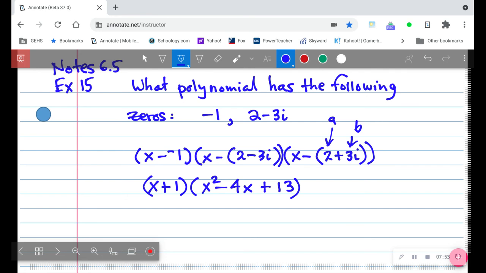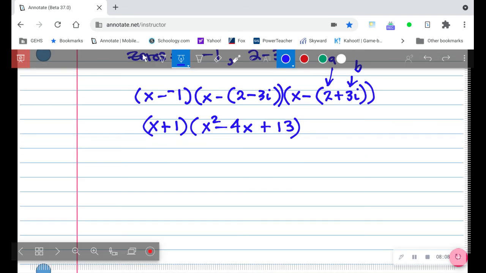So negative 2 times the a, that's this part. And this part here is a squared plus b squared. So 4 plus 9. And we're ready to go here. This thing's going to be easy to do now. Just distribute the x all the way down. And then distribute the 1 all the way down.